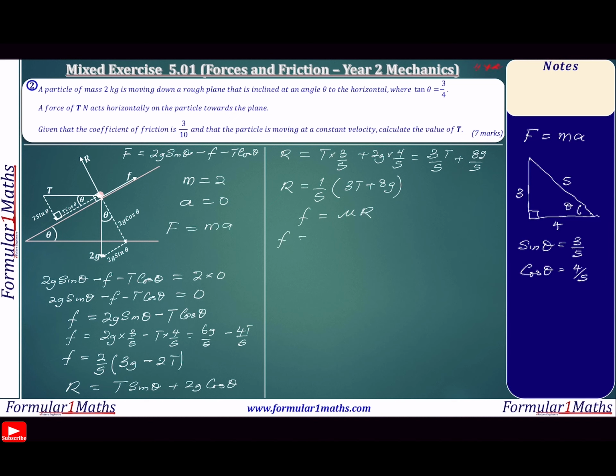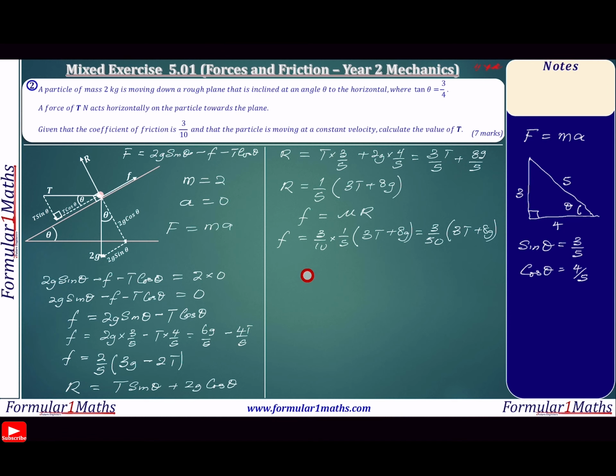F is equal to mu, which is 3 over 10, times R, which is 1 over 5 brackets 3T plus 8g. That will be equal to 3 over 50 brackets 3T plus 8g.